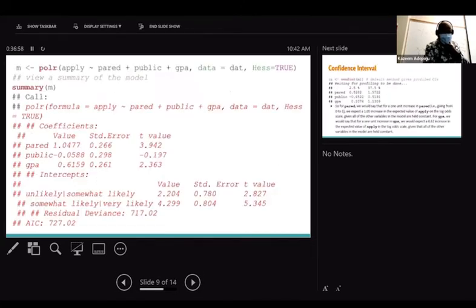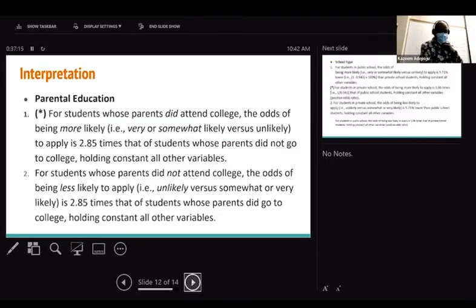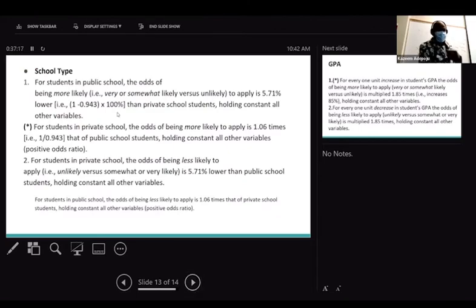The odds ratio here is 0.94, to 3 decimals that is 0.943. You subtract that from 1 and multiply by 100, which gives you 5.71%.